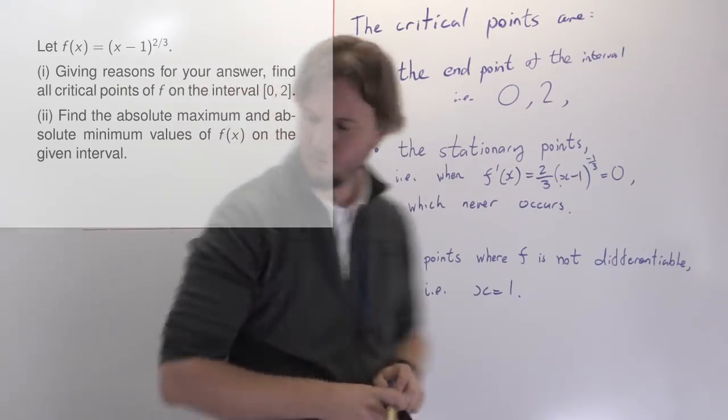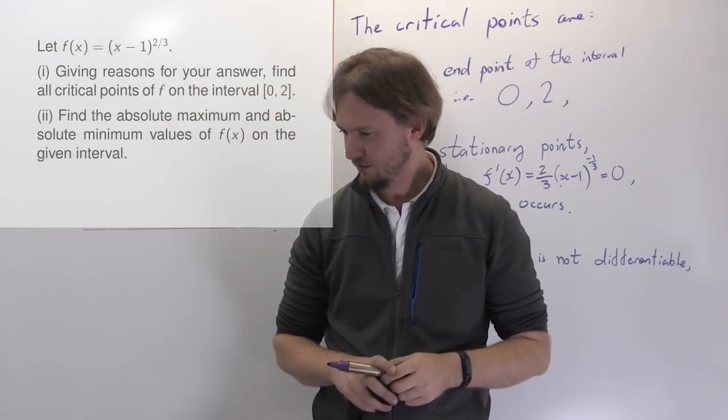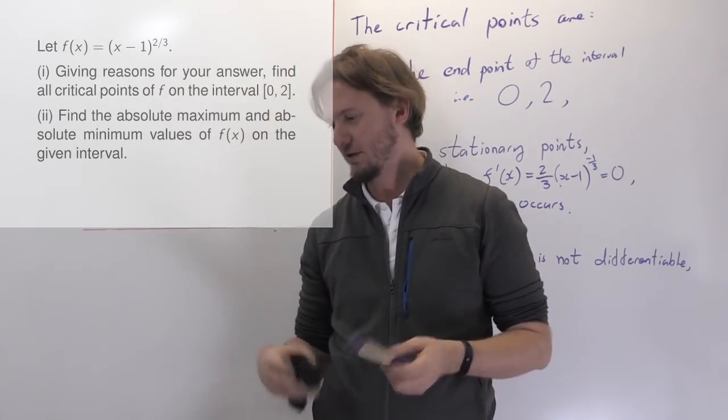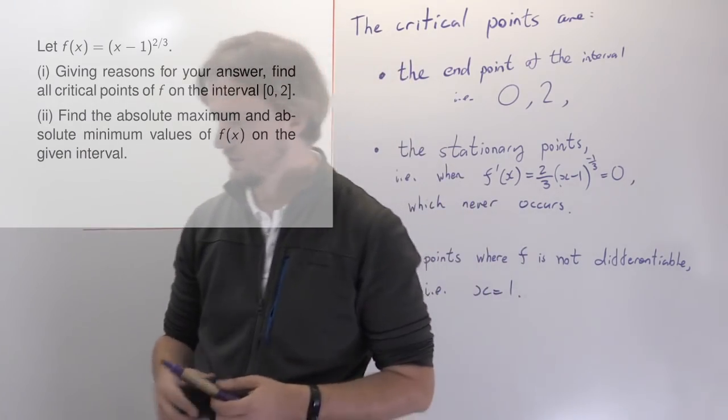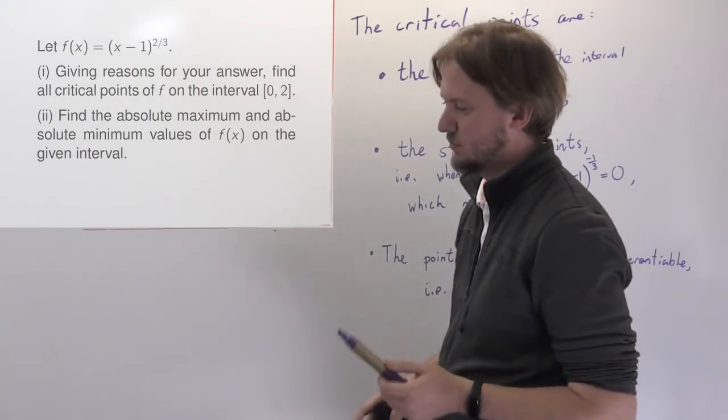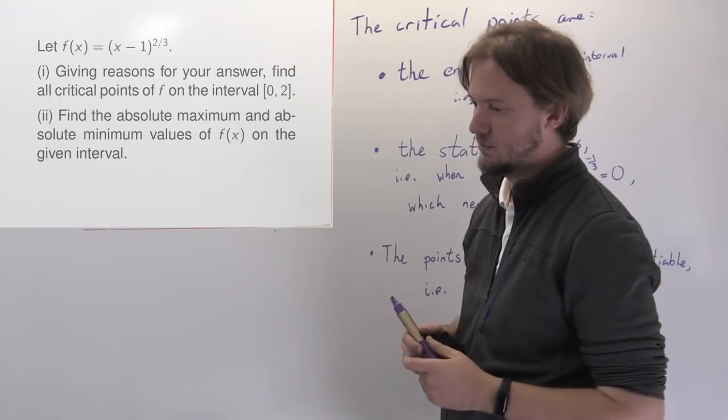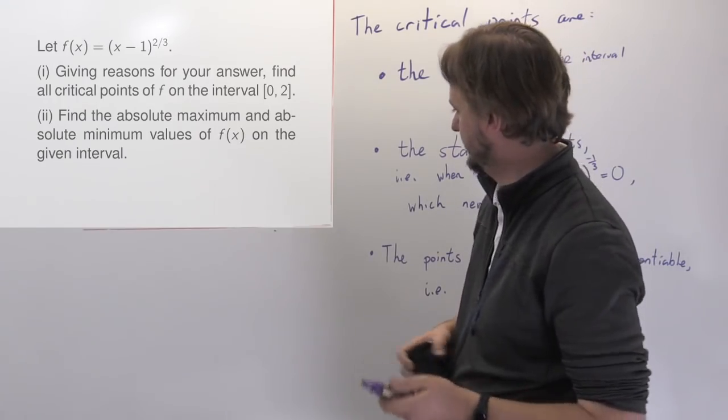Okay, so next thing we want to do is use this information. Now it doesn't say use this information, but really that's the intention. Find the absolute maximum and the absolute minimum of this function. Right.